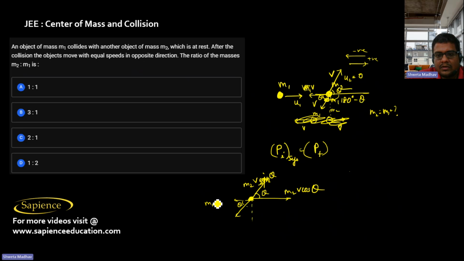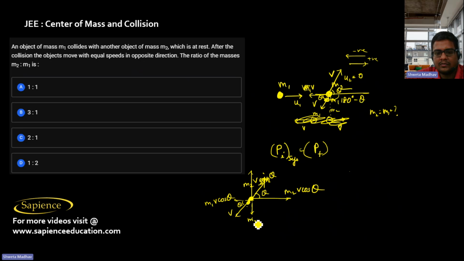So this will be m1 v, with components m1 v cos theta and m1 v sin theta.